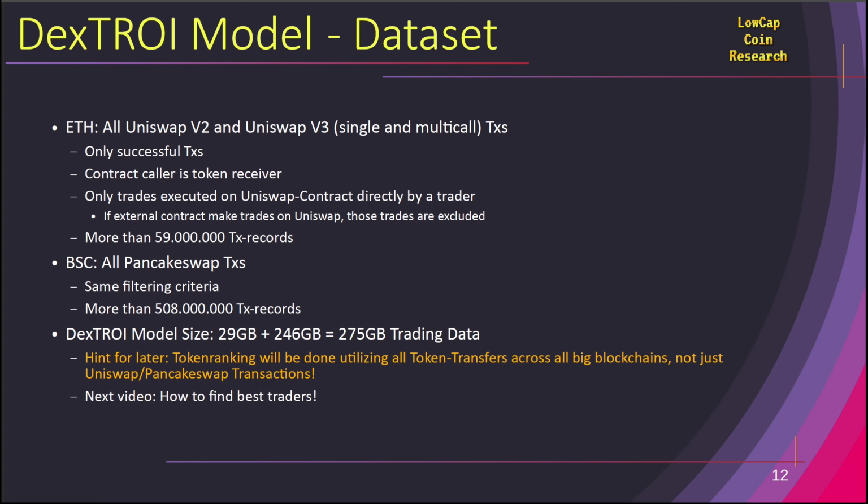Hint for later. Trader ranking is based on this data from Uniswap and PancakeSwap, but token ranking is based on all token transfers across all big blockchains, not just Uniswap or PancakeSwap transactions. The next video will be about trader ranking.